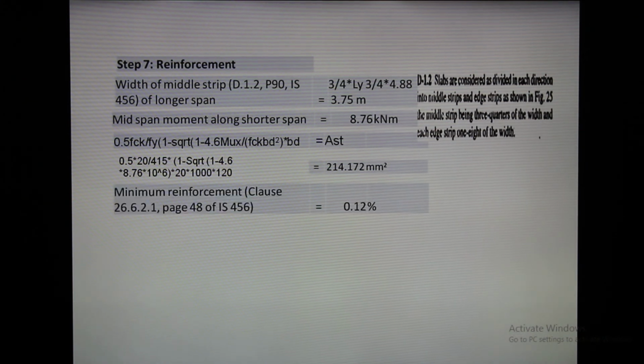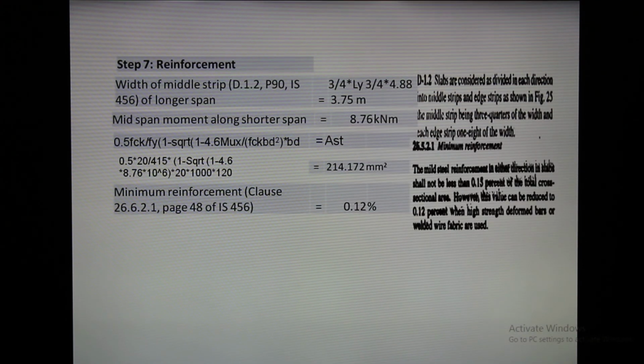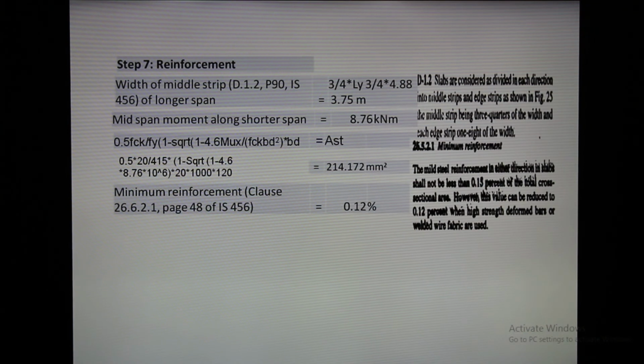We have to check whether it satisfies the minimum reinforcement condition. So minimum reinforcement, what is it? If we use mild steel, minimum reinforcement is 0.15%, and if we use high strength steel, the minimum reinforcement should be 0.12%. Here we are using high strength steel of Fe 415, so we are adopting 0.12%. For that, what is the minimum reinforcement?